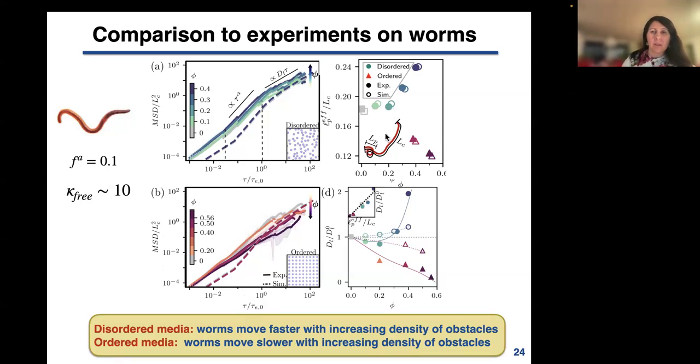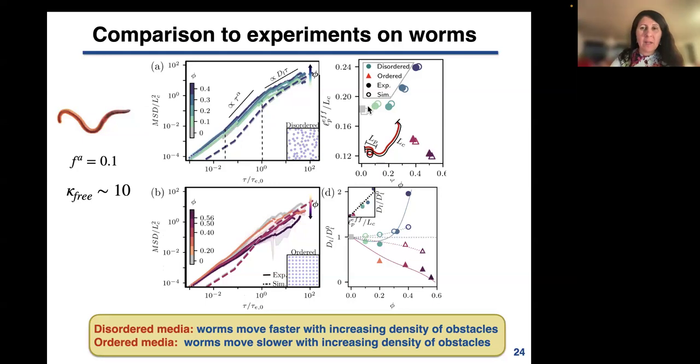What is interesting is that worms are a bit more complex than our simulation, because you see a huge change of bending persistence of worms as you change the obstacle packing fraction. In simulation, you can get a bending estimate that changes a little bit with the packing fraction, but not the way we see here.